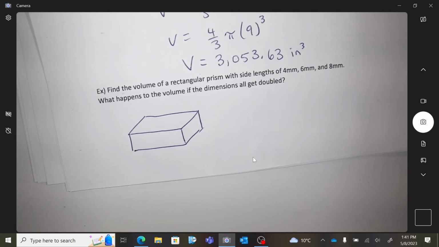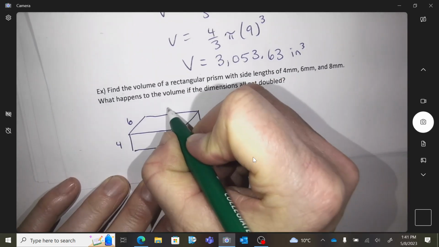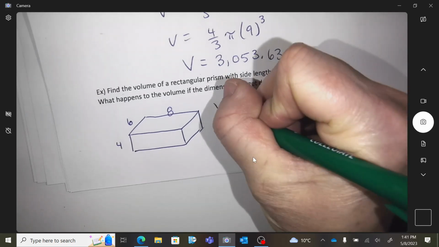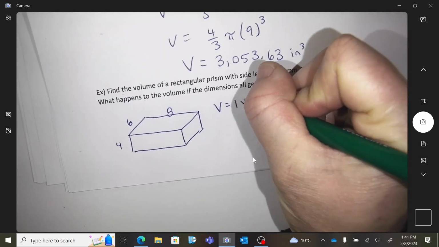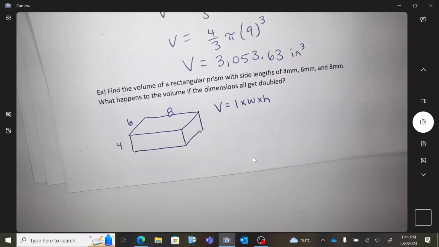Okay, we have something that is 4, 6, and 8. Those are the dimensions. So the volume formula, length times width times height. And it honestly doesn't matter what you put where. So if you're calling the 4 your height or the 6 your height or the 8 your height, it doesn't matter.